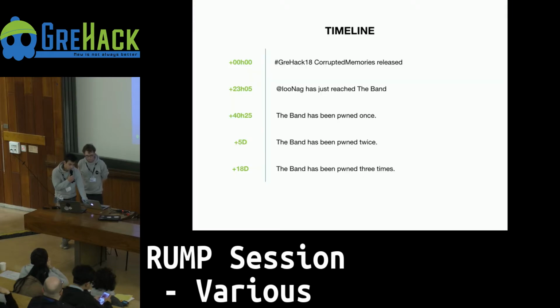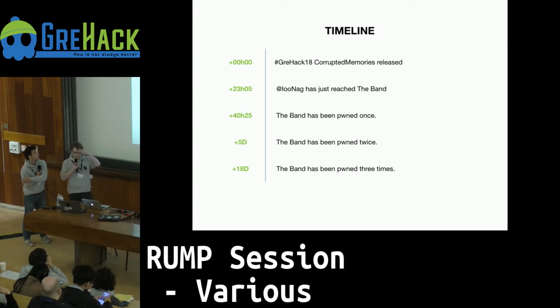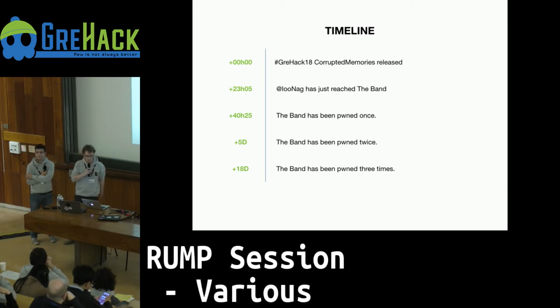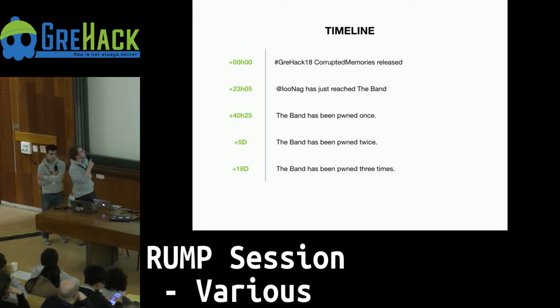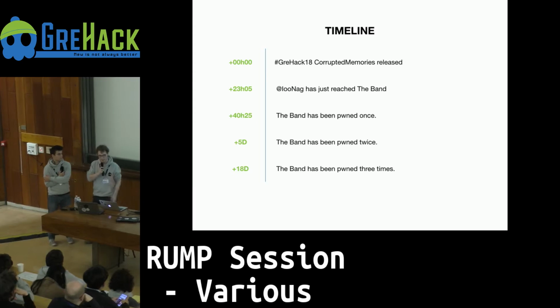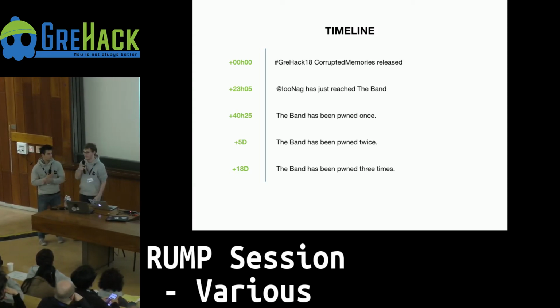First, the timeline. I think it's quite fun to see that. We published the challenge on the 31st of August, and 23 hours later, we were already panicked because someone had reached the last challenge, which is supposed to be the hardest one, and we were even more panicked when 40 hours after, he solved it.